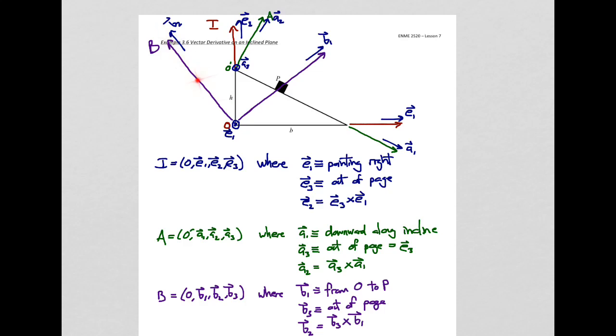The reference frame B, its first basis vector B1, was defined as the line from O to P. So that means that as this block slides down the plane, this reference frame B that has this basis vector B1 is going to be rotating. And it's going to be rotating the way we see it if the block slides down the plane. This reference frame is going to be rotating clockwise down.